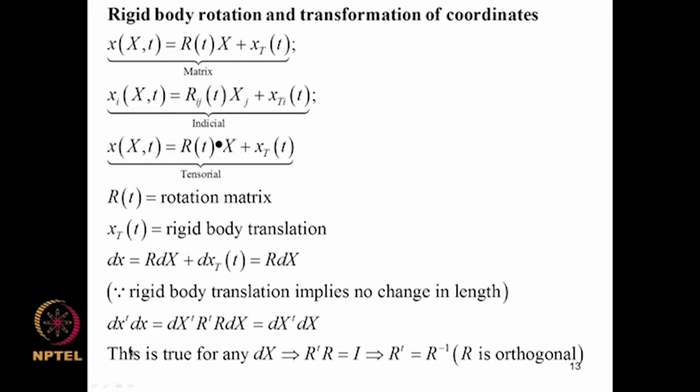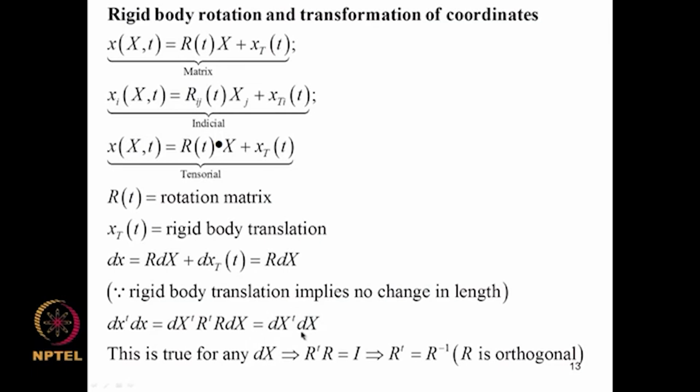Now, if you find the square of the length, dx transpose dx, and for dx if I write this equation, I get dX transpose R transpose R dX. Since R transpose R is an identity matrix because R is a rotation matrix, I get this.